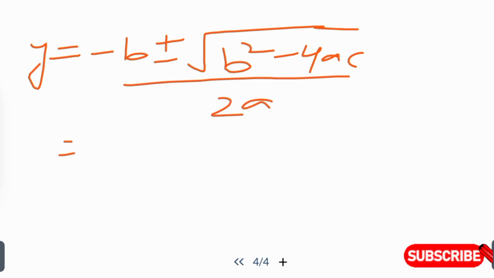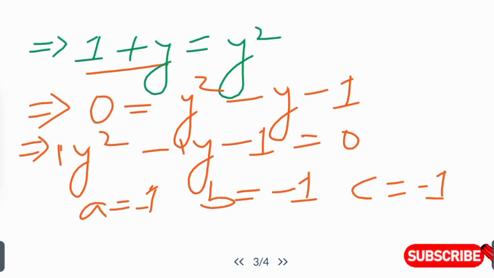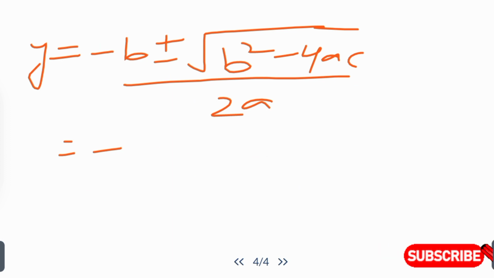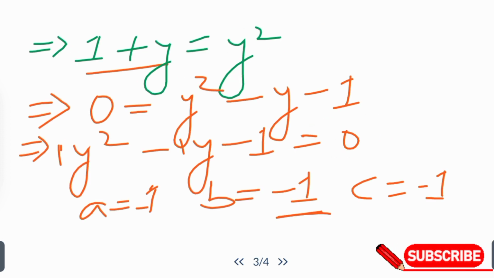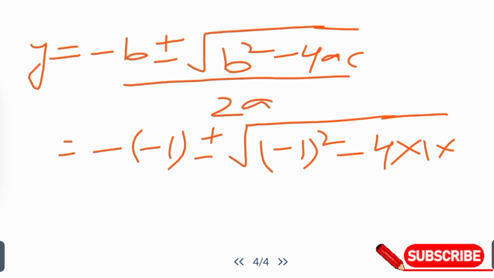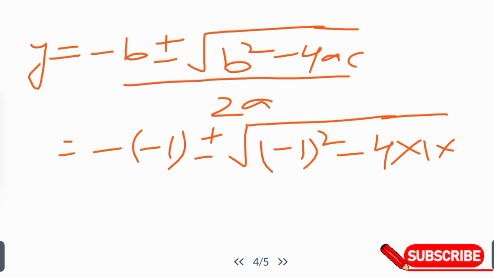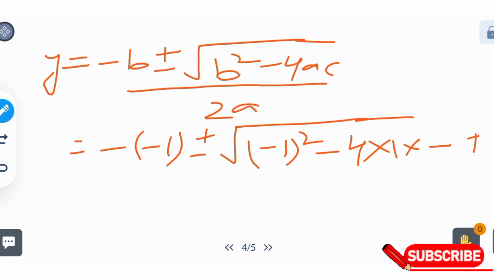Now minus, since our b value is minus 1, here we'll take minus of minus 1, plus minus as it is, root over b square, b value is minus 1, so minus 1 square we write here, minus 4 into a value, which is 1, so we write 1 into, then c value is minus 1, so we write minus 1.